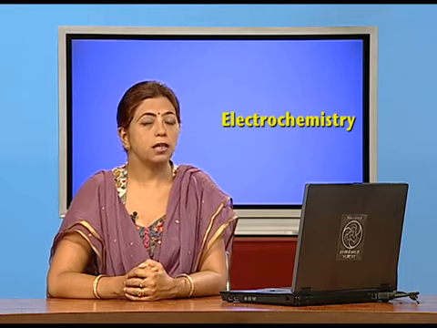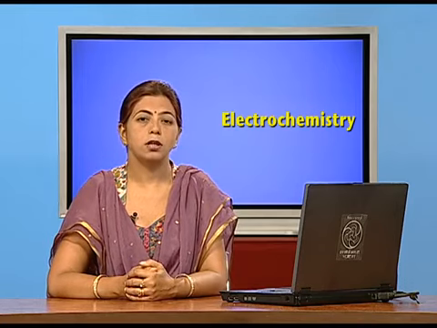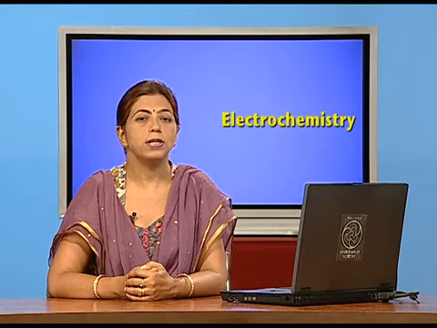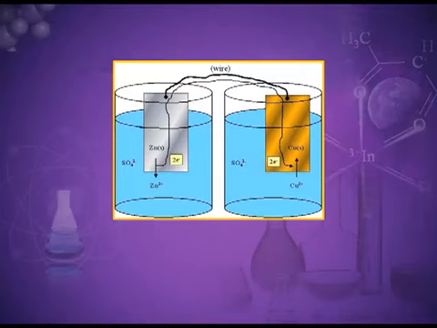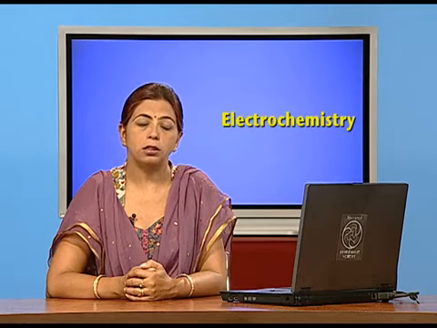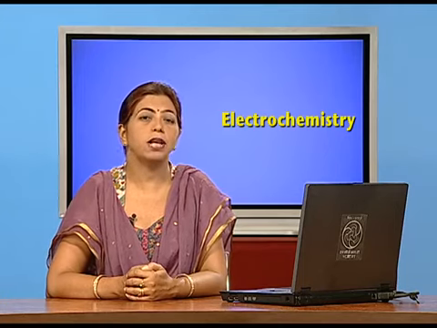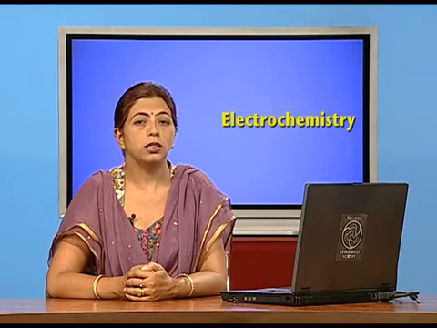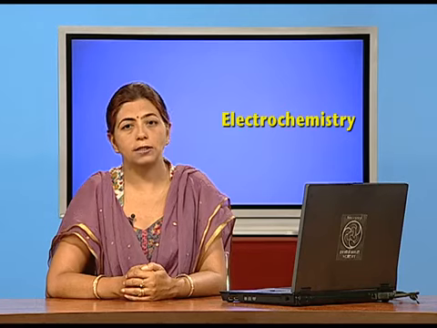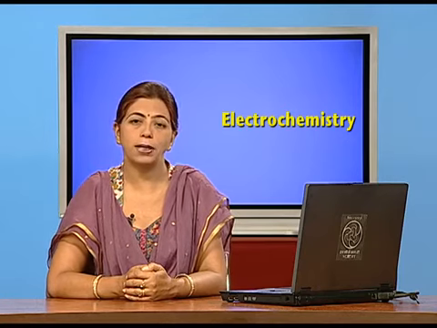Now, the zinc will lose the 2 electrons and it will change into Zn2+ ion, and these ions will move into the solution. And those 2 electrons via the wire will go to the copper half cell. There, the copper ions, Cu2+ ions, will accept or gain these two electrons and they will reduce to copper metal.